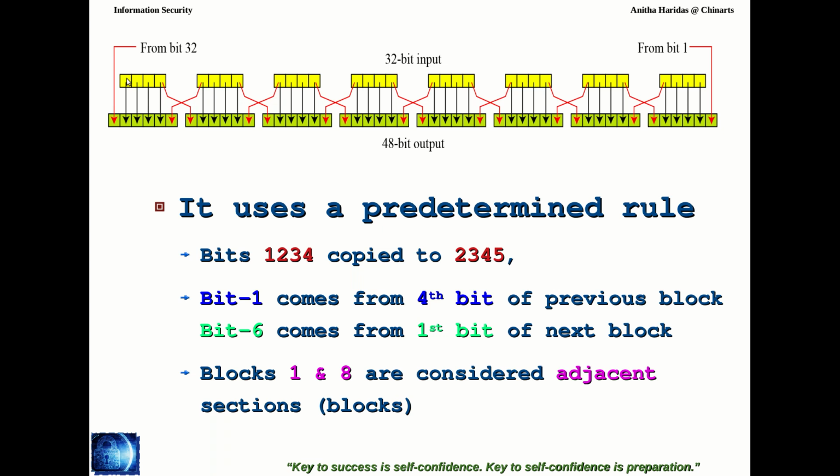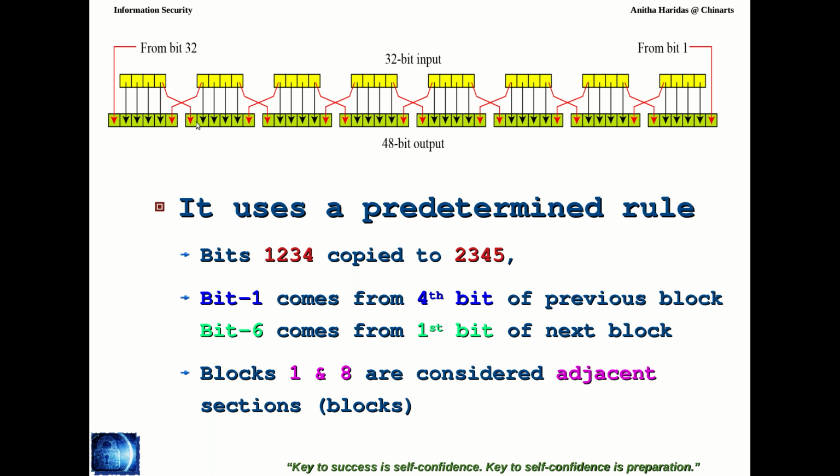These bits 1, 2, 3, 4 are copied directly into the 6 bit chunk as bits 2, 3, 4, 5.